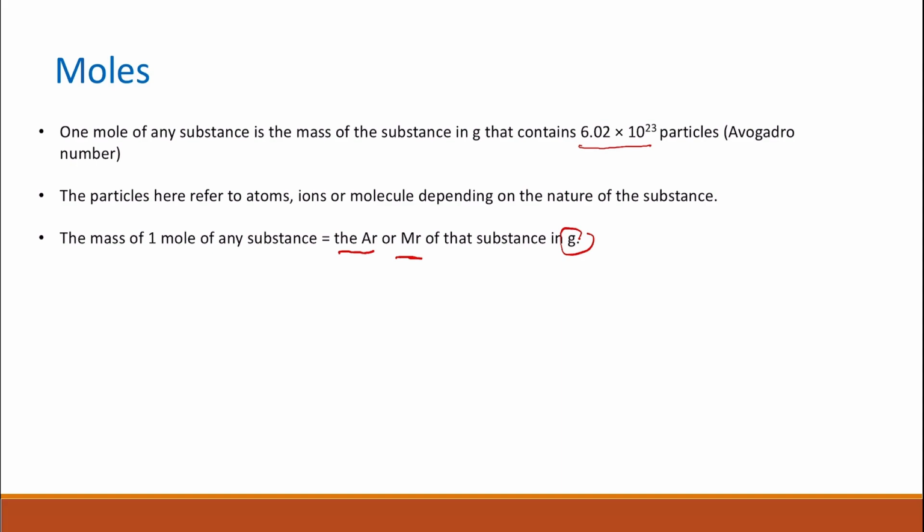If we are talking about hydrogen, hydrogen is one of the elements that exists as a diatomic molecule. So hydrogen is H2.